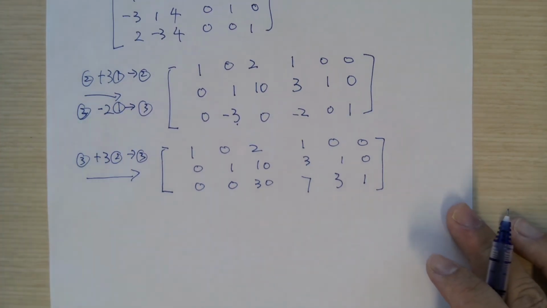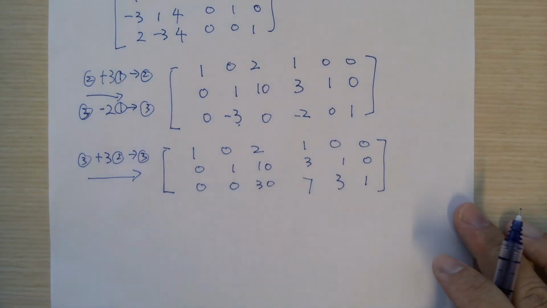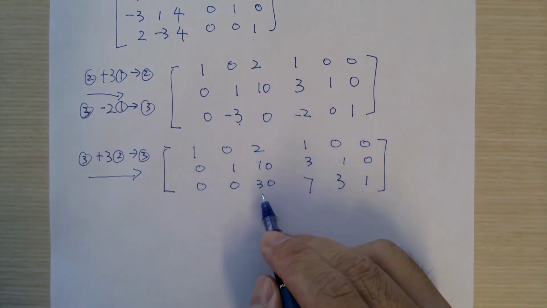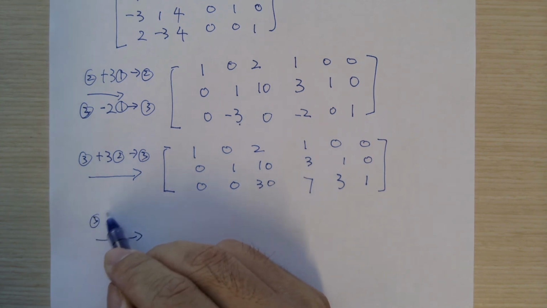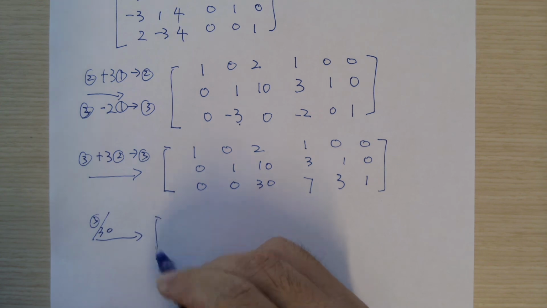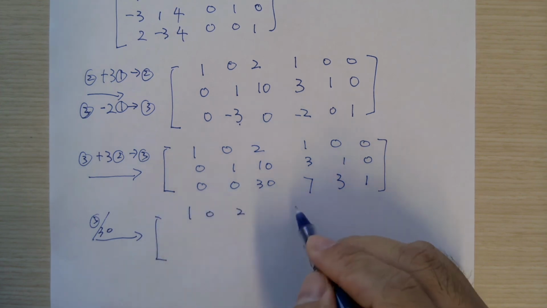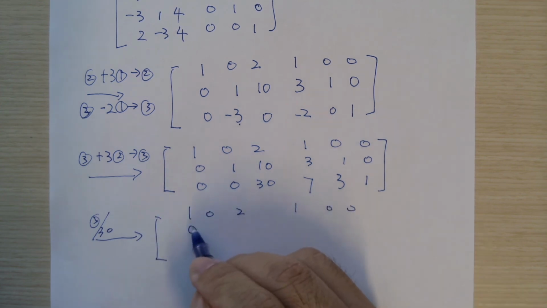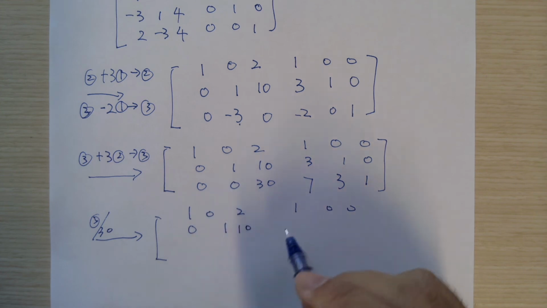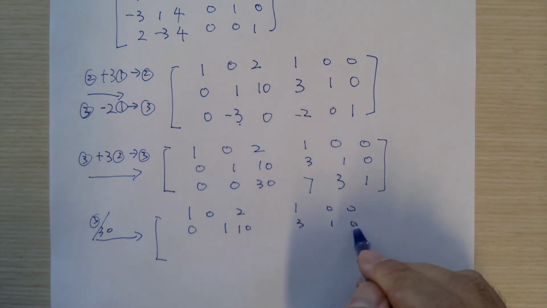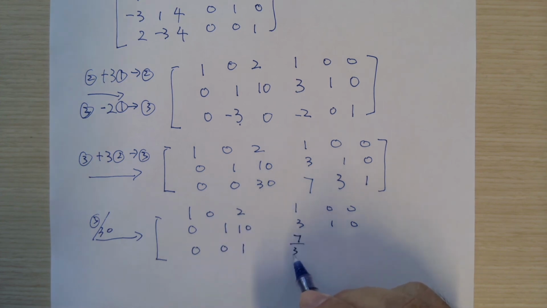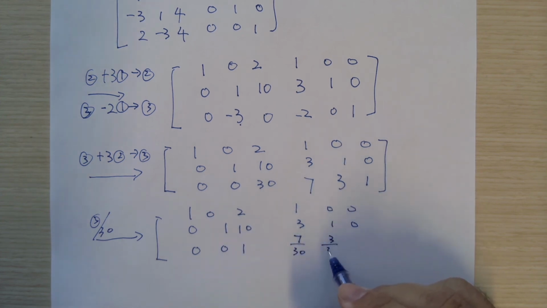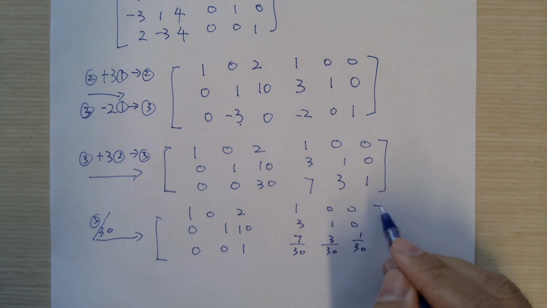And you can see you can do a couple more things. If we do a rescaling, let's do row 3 over 30: 1 0 2 1 0 0, 0 1 10 3 1 0, and then 0 0 1 7, this 3 over 30, 1 over 30, okay.